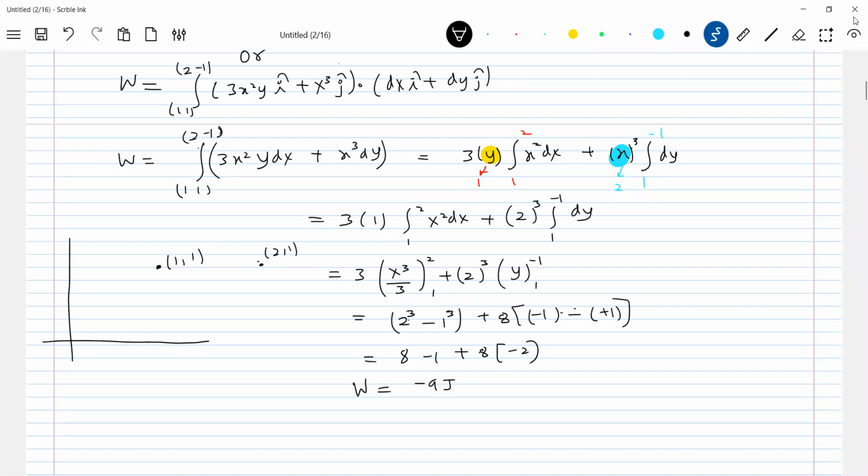Then afterwards we'll go for 2 comma minus 1. So minus 1 will come here. So what is the path? The path is like this. That is actually the meaning. First you are integrating along x-axis, then integrating along y-axis.